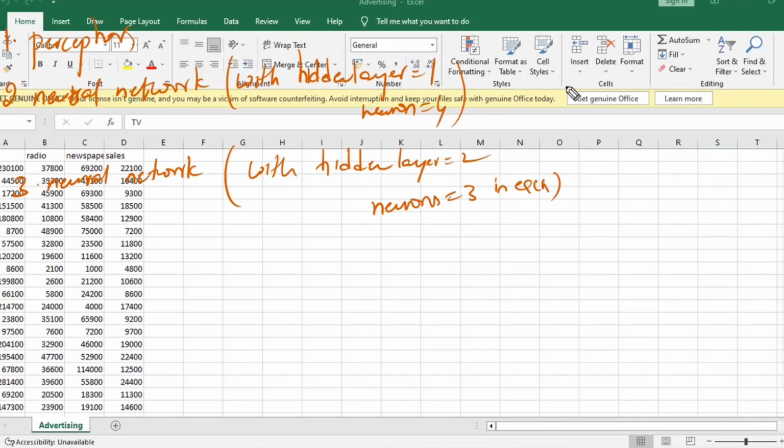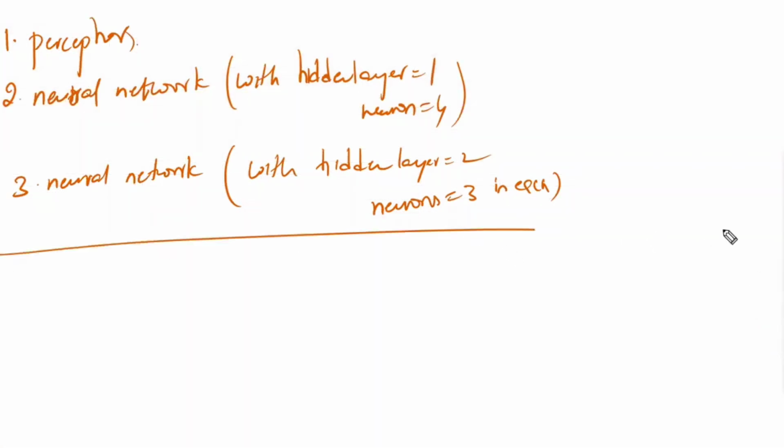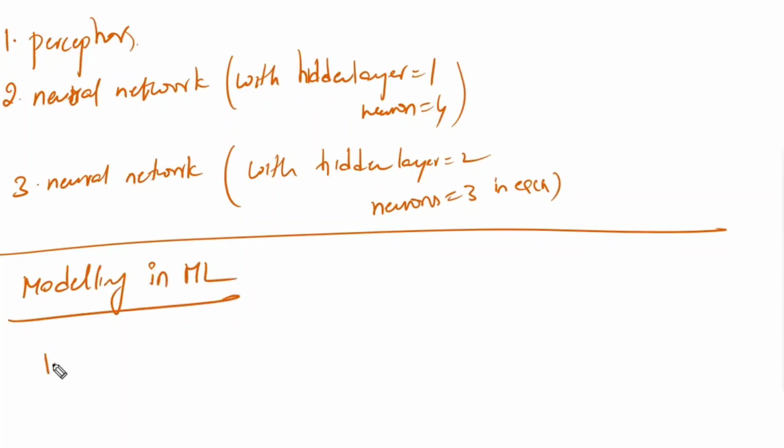Earlier in machine learning, whatever modeling we have done, what we have done is, first, we imported. Second, we saved the model as some model name, as per your choice.